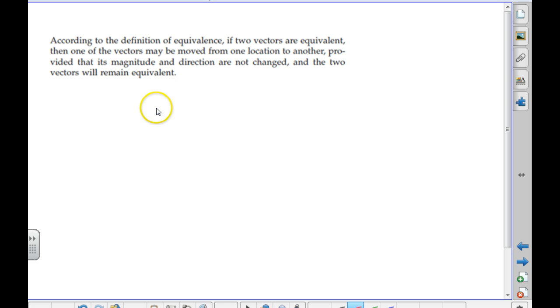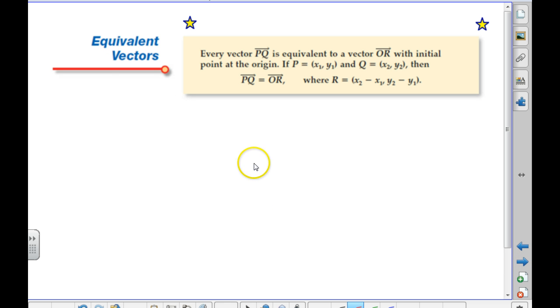All right, according to the definition of equivalence, if two vectors are equivalent, then one of them may be moved from one location to another provided that its magnitude and direction are not changed. That means we can slide things to the origin. Let's talk about this.